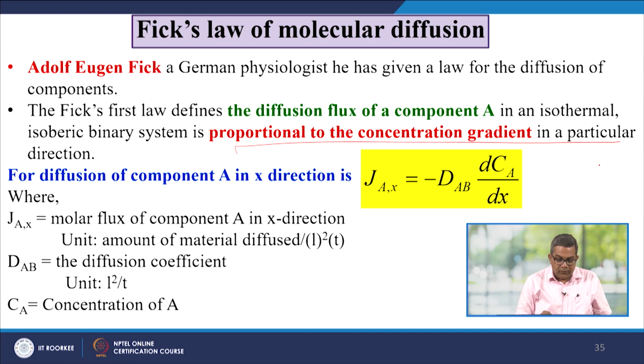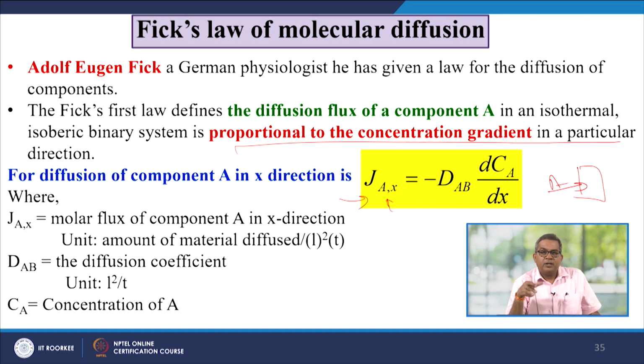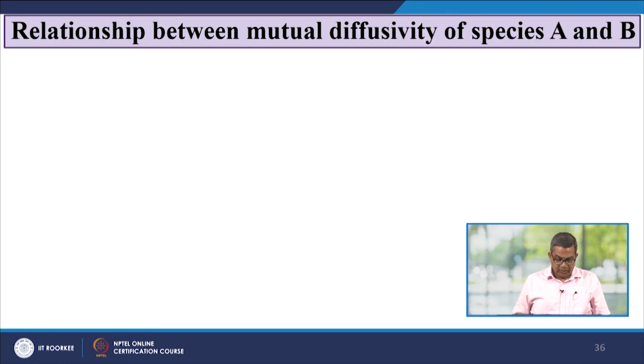For diffusion of component A in the x direction, it is given by Jax is equal to minus Dab dCA over dx, where Ja is the molar flux of component A in the x direction. The unit is the amount of material diffused per unit area per unit time, and Dab is the diffusion coefficient and Ca is the concentration of A.